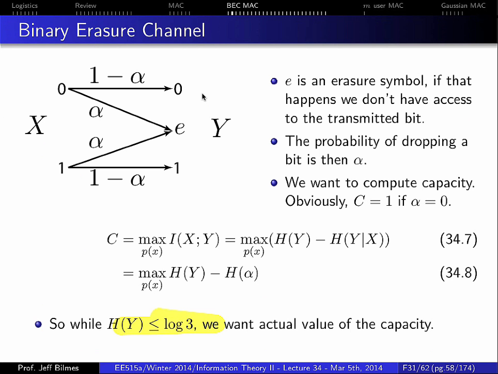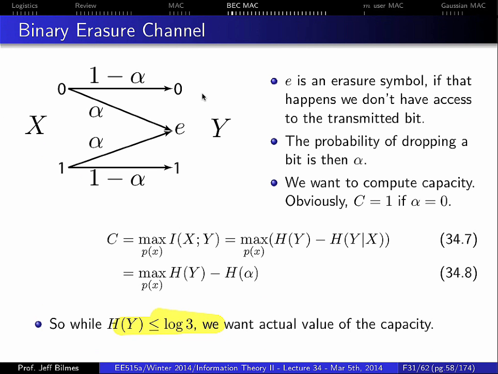There's a very intuitive definition of the capacity. So if alpha was equal to 0, what would be the capacity? 1. And so what we're doing is we're throwing away alpha % of the bits, right? Because as soon as we get an e, we just have to toss it.